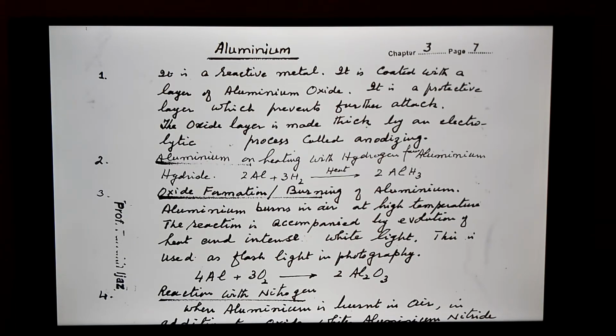It produces white light, which in the olden days was used for photography during the night. The reaction is 4Al + 3O2 giving 2Al2O3 plus energy, both heat and light energy.